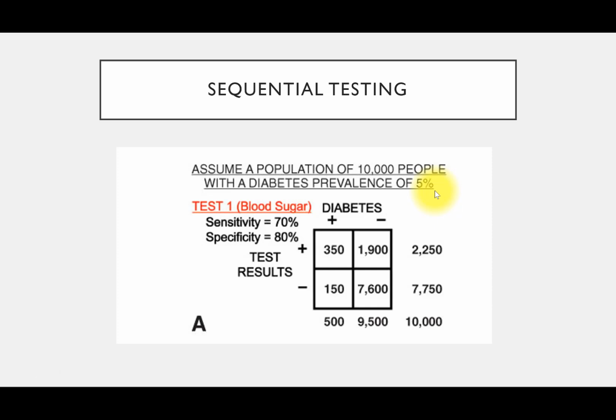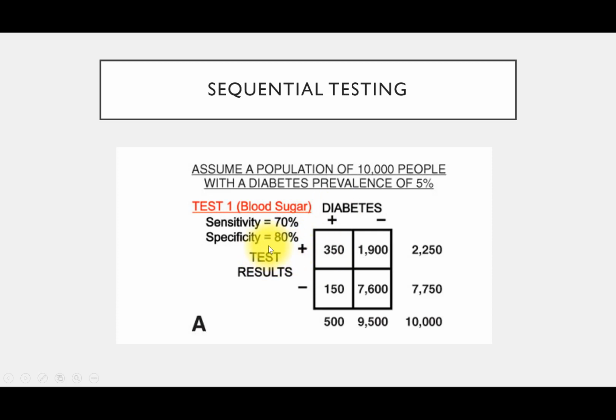That means that 500 people are actually diabetic and 9,500 people are actually free of diabetes. If we set the sensitivity of the test at 70%, that means that it will correctly identify 350 of the 500 people who have diabetes. So 70% of 500 people. You can see the 350 inside the true positive cell.